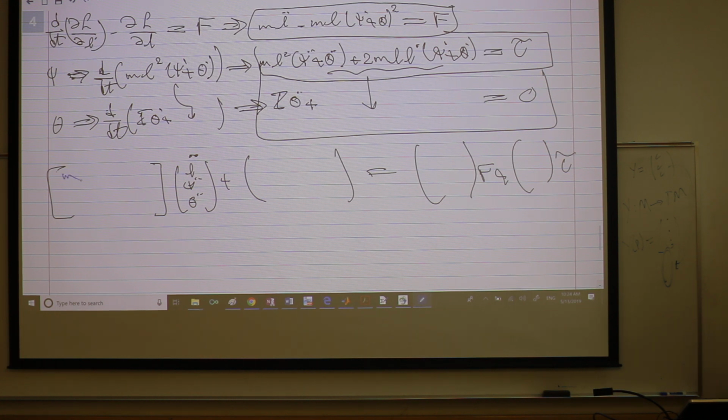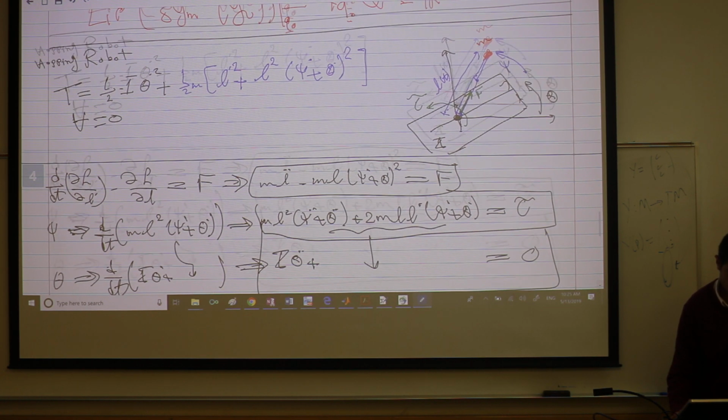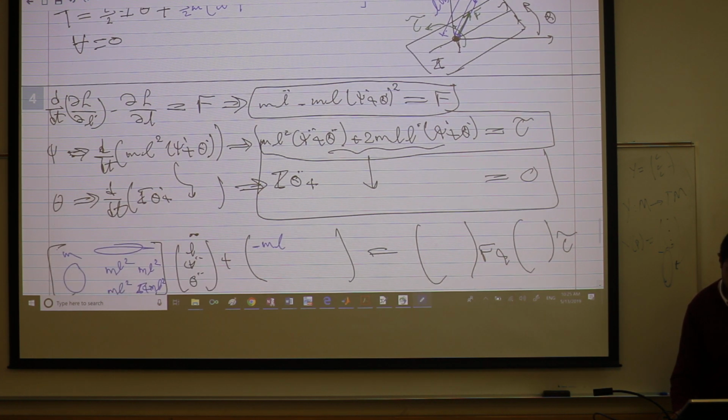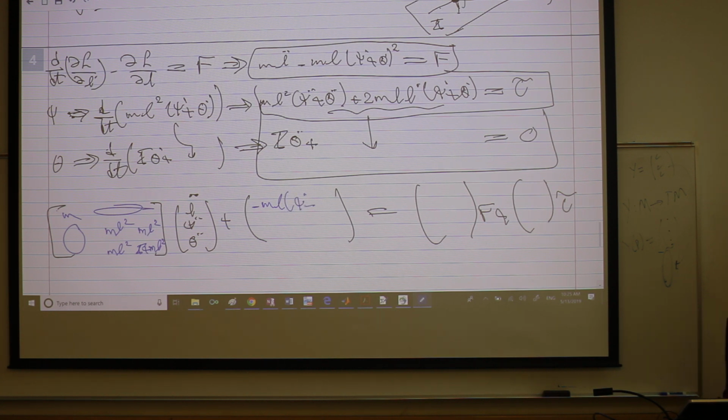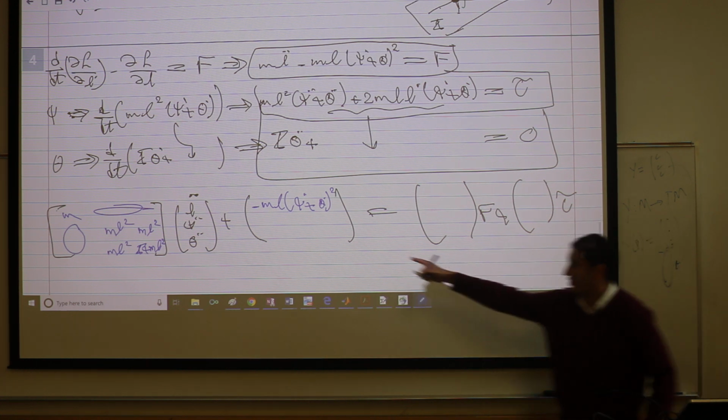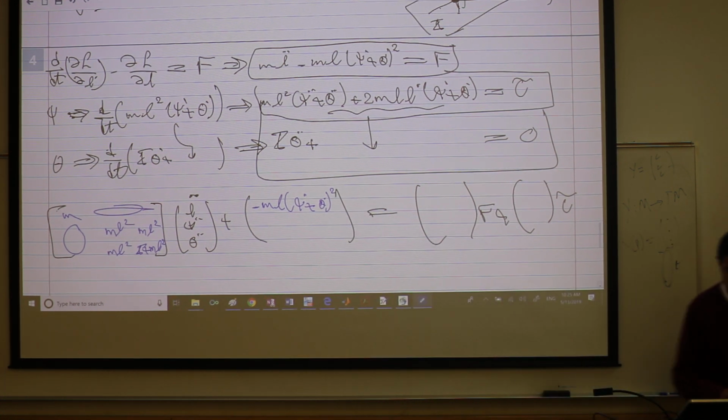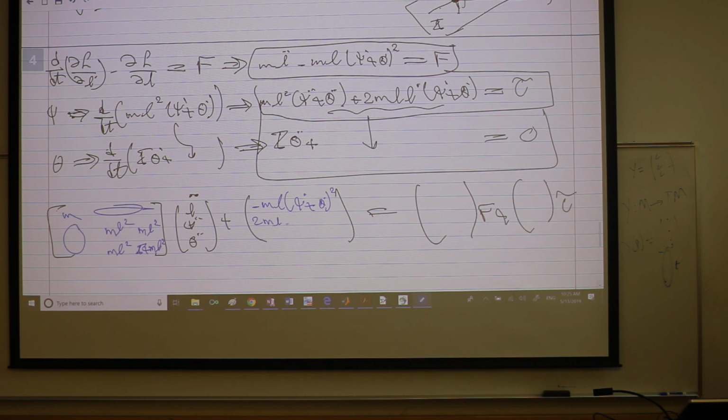It's like mass m, mL squared, mL squared, mL squared, I plus mL squared, right? 0 otherwise. Here is negative mL, negative mL psi dot plus theta dot all squared. As you can see, these are quadratic in velocities. 2mL L dot and the psi dot theta dot again quadratic in velocities.